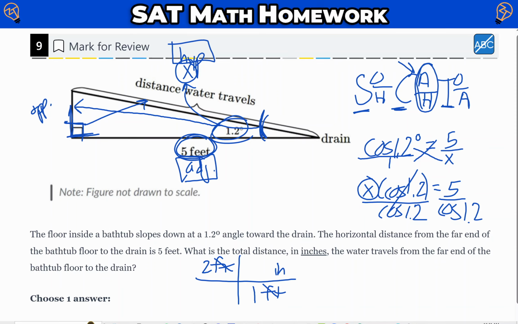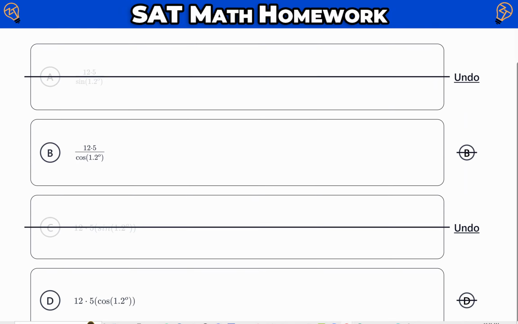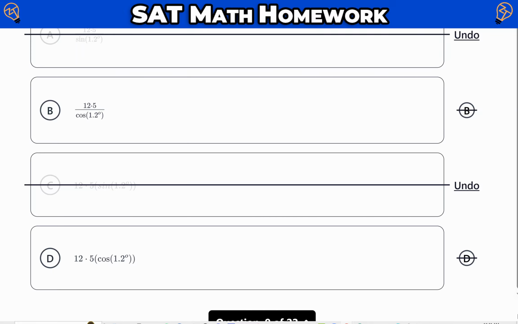So I put a 1 with that unit that's larger. And then I say, 1 foot is equivalent to 12 inches. So if I want to convert from feet to inches, I'm really just multiplying by 12. So if I multiply it by 12, so 5 times 12 over cosine 1.2, now you can see how that matches perfectly with B.